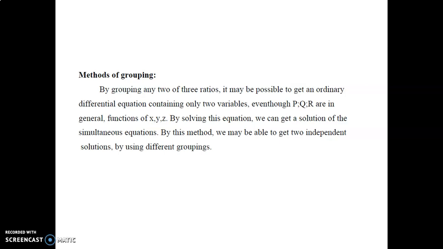We consider any two and try to get an ordinary differential equation containing only two variables, even though P, Q, R are in general functions of x, y, z. By solving these, we may get solutions u equal to a and v equal to b, and in turn f of u comma v equal to 0.